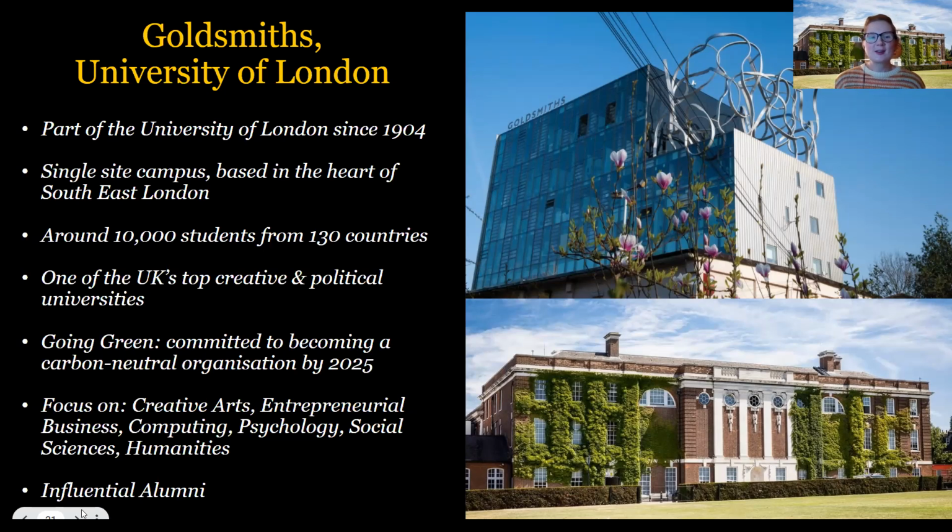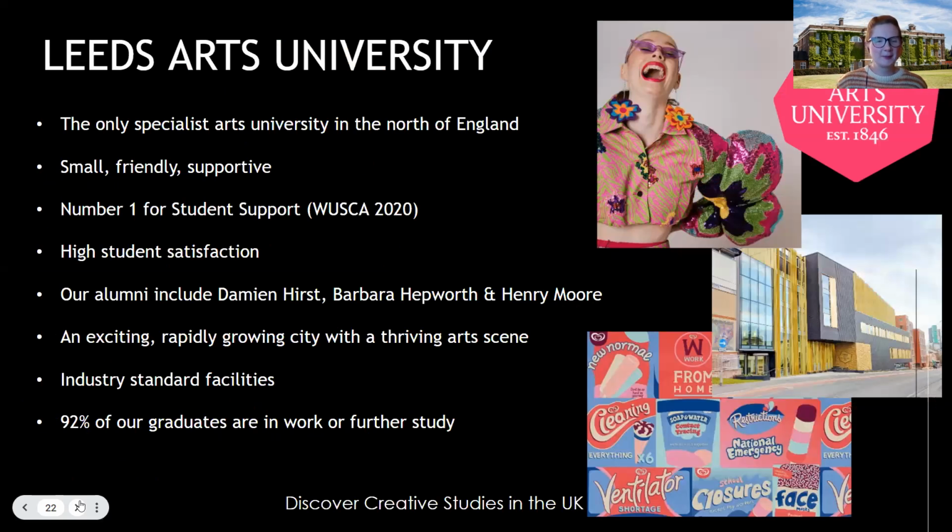And it's quite interesting at Goldsmiths because we also have other departments that offer courses around the social sciences, as well as the humanities. So you'll be going to university with students across a few different subject areas, which makes it an interesting and diverse place to be. Yeah, that's just a bit about Goldsmiths. Thank you.